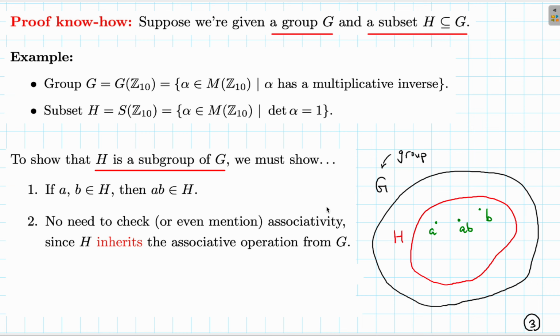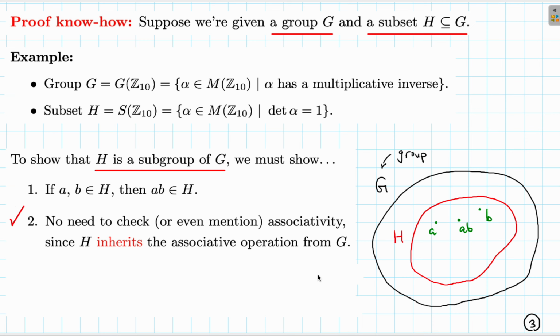And so there's really nothing to check there. In a typical subgroup proof, we don't even mention associativity because that's just a given by the fact that G is already a group. So I'll just put a check next to it. No need to even bother.